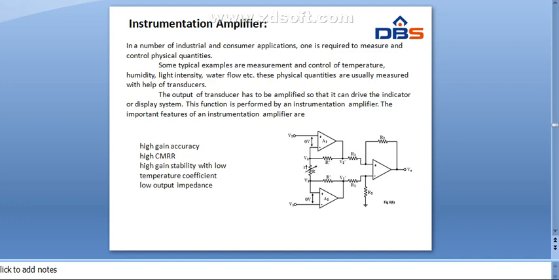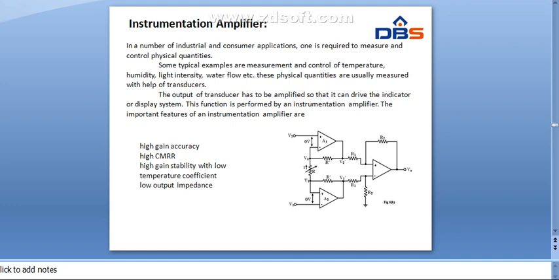So what is an instrumentation amplifier? Where are we using this instrumentation amplifier in industries? Most of the transducer outputs are generally very low level signals. Such low level signals are not sufficient to drive the next stage.